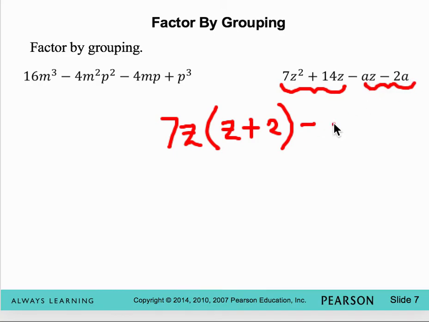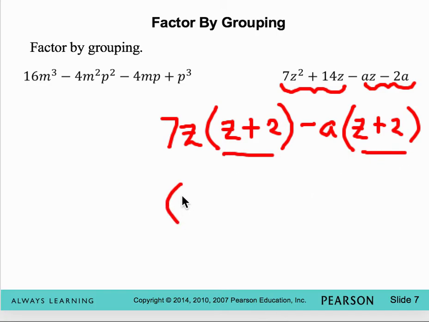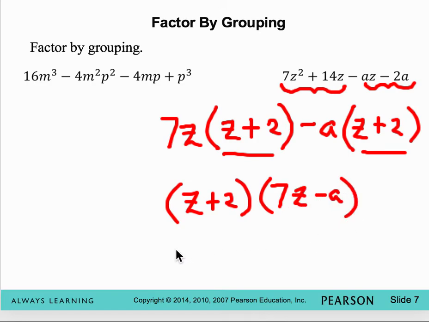These have an a in common, technically a negative a. So if I take out the negative a, there's a z. If I take out the negative a, there's a positive 2. Okay, now they both have z plus 2. And what's left? 7z minus a. Awesome.